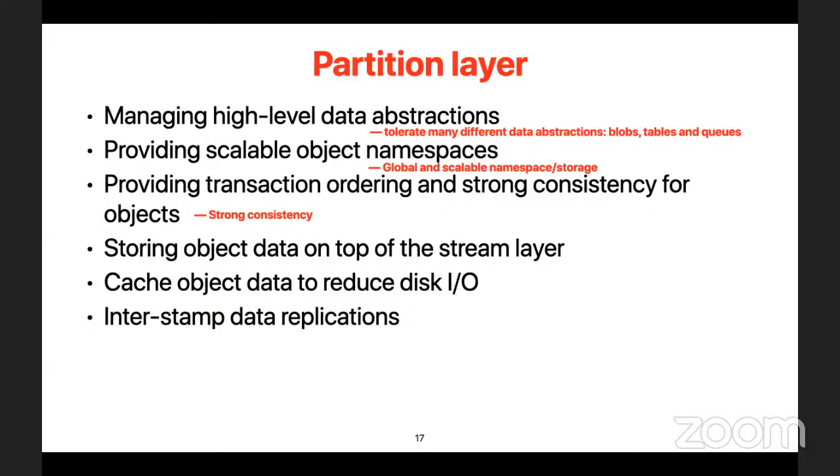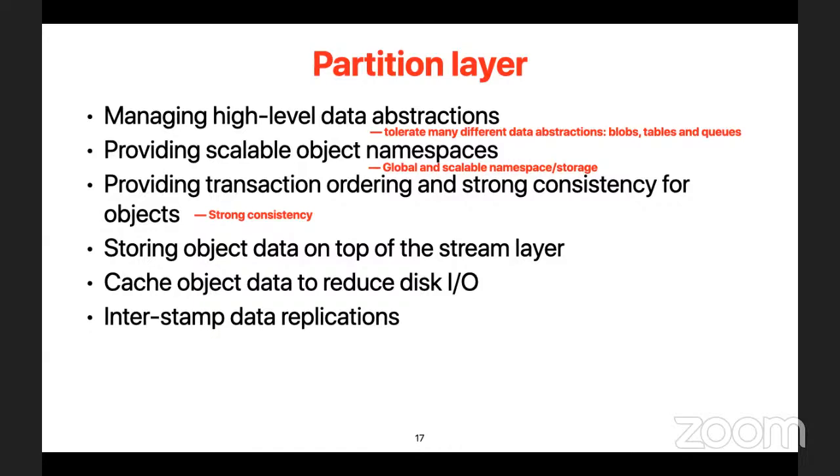Another interesting thing is that the stream layer only sees the mapping between the objects and the extents. However, at the partition layer, it decides how I am going to update these objects and how I am going to handle these transactions.